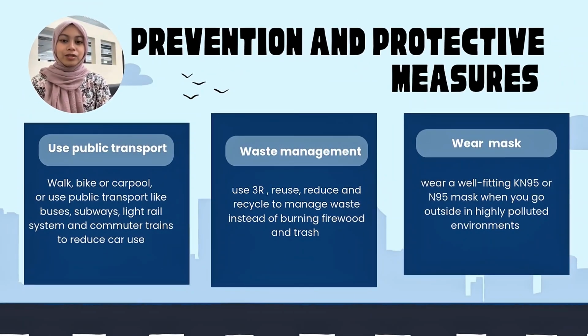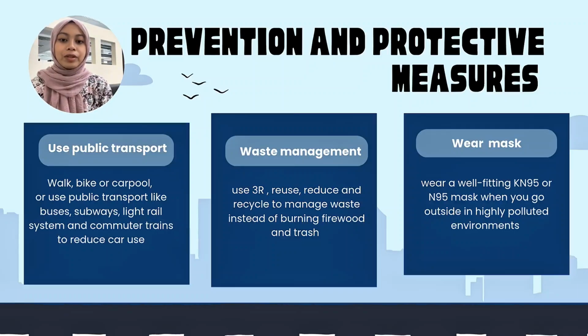Next, I will continue to the prevention and protective measures. First, we can use public transport. We can walk, bike, or carpool, or use public transport like buses, subways, light rail systems, and commuter trains to reduce car use. Second, waste management also can prevent and protect our Earth from air pollution issues.